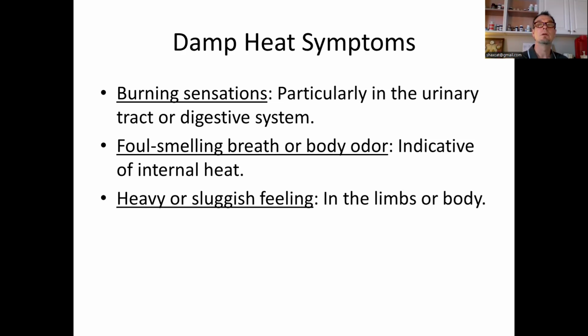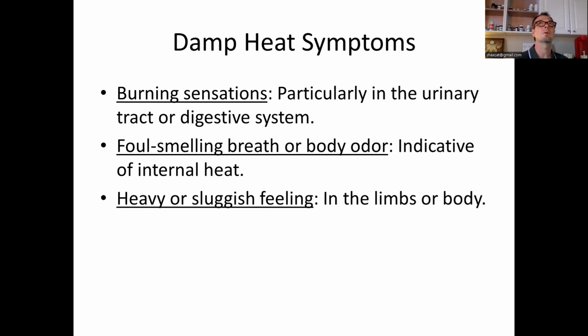Foul smelling breath or body odor. Ooh, you're making a name for yourself. That goes back to what we talked about previously, probably in part two of this: foul smelling breath is the typical thing that you see in a lot of symptom lists for stomach heat.